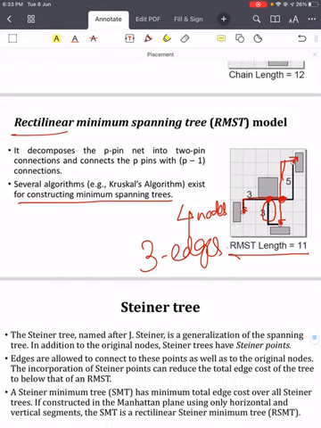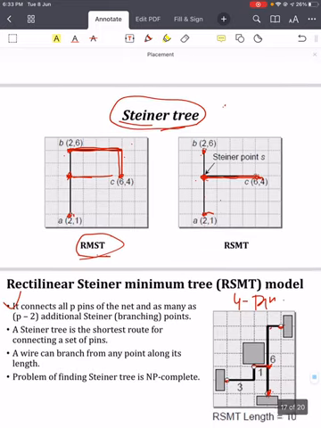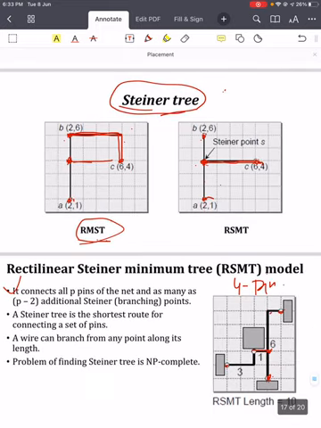So that's why we have to explore the rectilinear Steiner tree. The problem with the rectilinear Steiner minimum tree (RSMT) is that finding the minimum Steiner tree is an NP-complete problem, which is difficult.